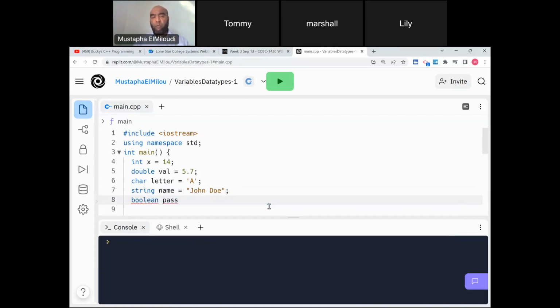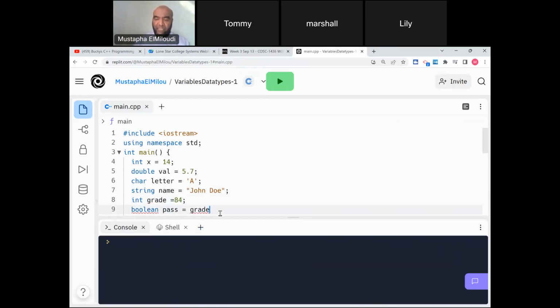For example, I may create one called pass, either true or false. Or a statement or expression that returns true. For example, I can put a grade, assuming grade is a variable that was assigned the value 84.